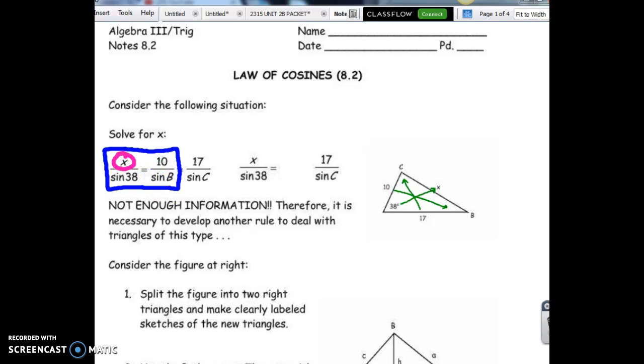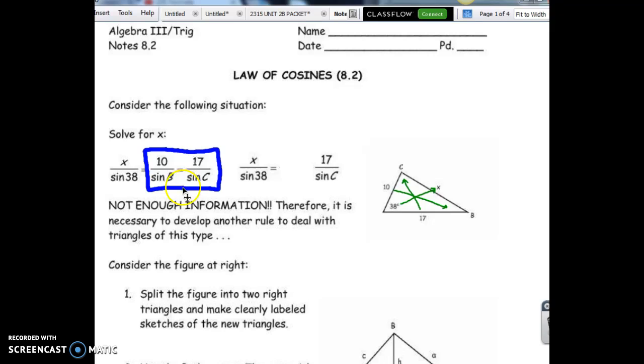I don't know which to solve for. Maybe if you took the 10 is across from the unknown sine of B, and side 17 is across from angle C, again, these two are unknown. I don't know what they are, so we can't solve it.